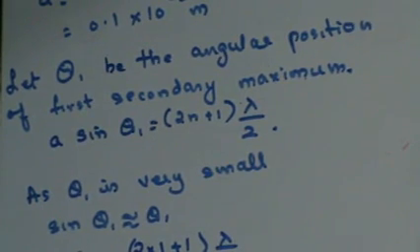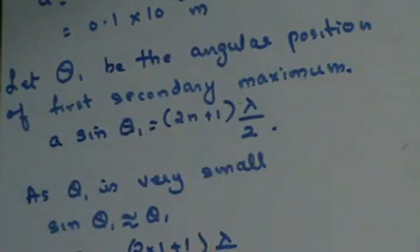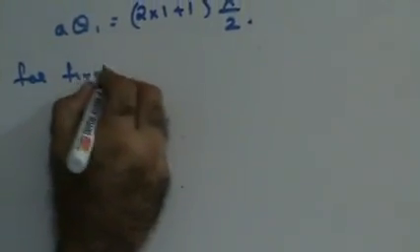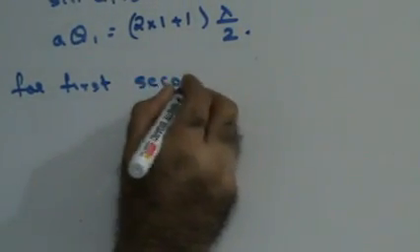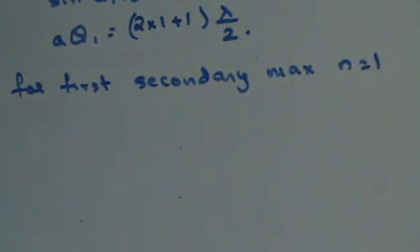Why 1? Because I want the first secondary maxima, n is going to be equal to 1. That's how I got this. That's the formula for maxima, straightforward.